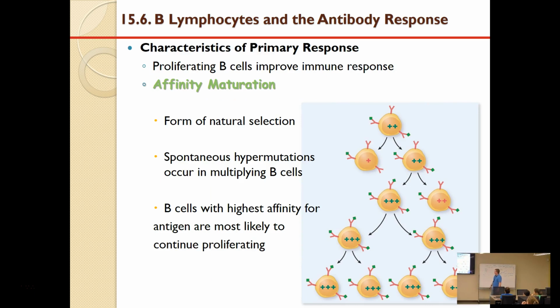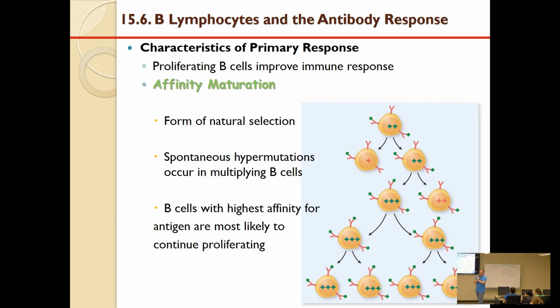And so here are the characteristics of a primary response. This is what we call affinity maturation. Maturation is just maturing, right? And affinity is how affectionate you are, in terms of how affectionate it is for a particular antigen. Remember, epitopes usually are about 10 amino acids long. Let's say the B cell recognized only 7 of the amino acids.